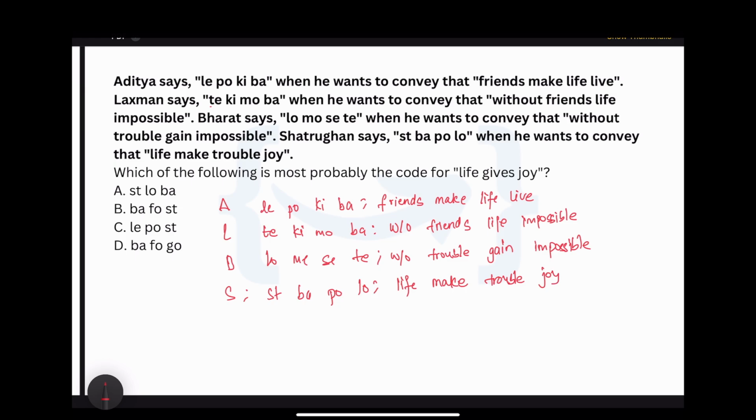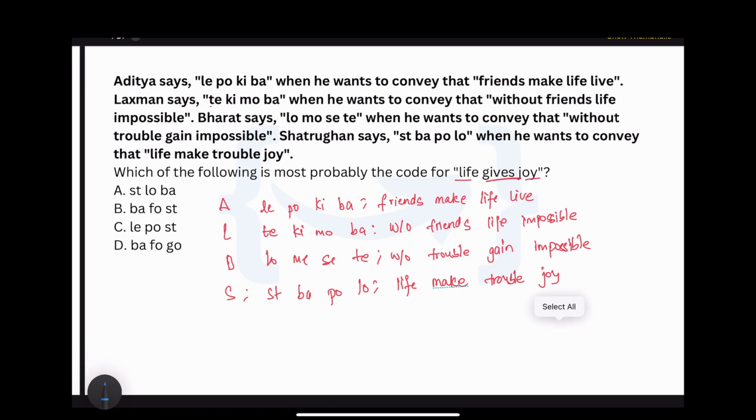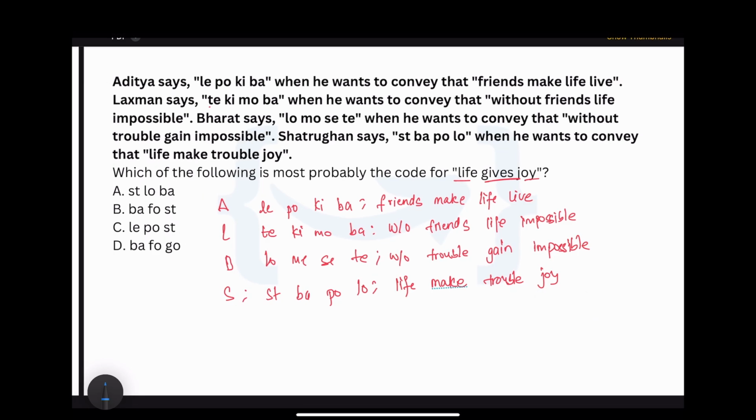Now I need to find life gives joy, the code. Okay, so for it, what I will do, let me change the color. So I can see life here, or life here as well. Okay, so we have three sentences. So in these three sentences, which word is repeating? See, here we have le po ki ba, and here we have te ki mo ba.